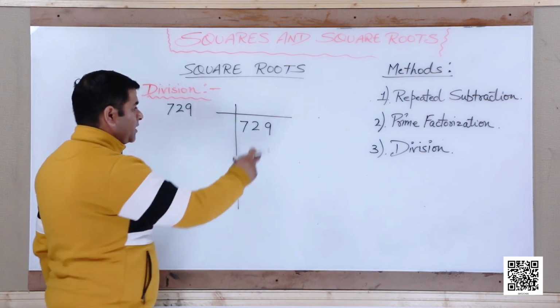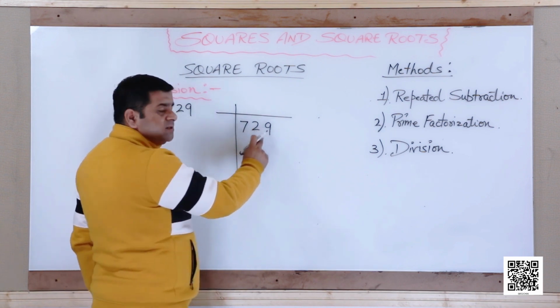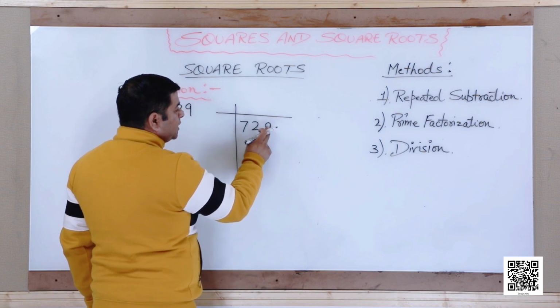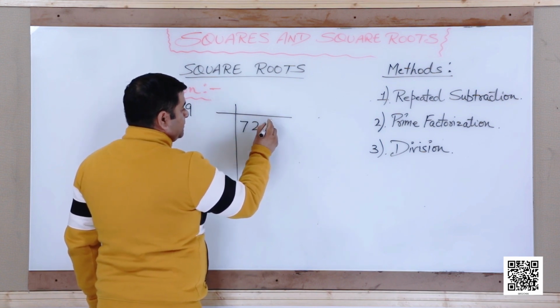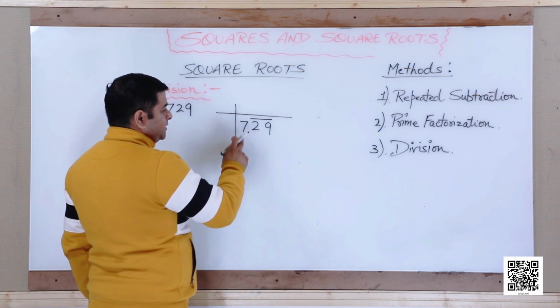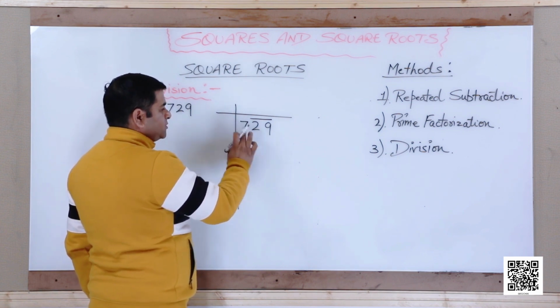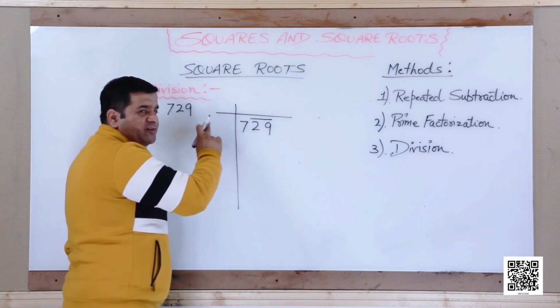Let's see. There are 3 digits here. We will start from the extreme right side, take 2 numbers and make a pair like this. Now there are not 2 numbers here, so it's okay. It should be left as it is.